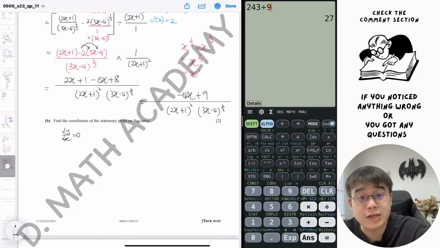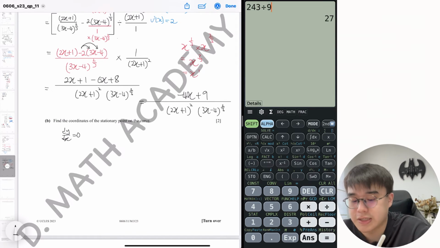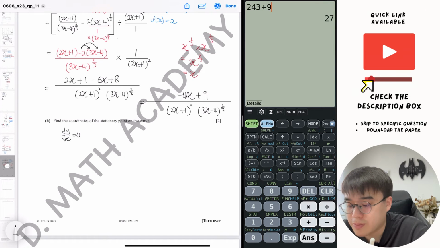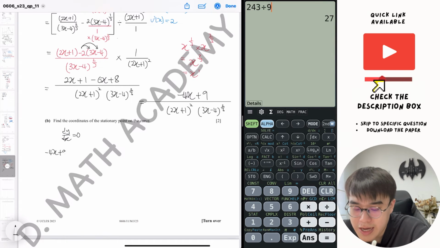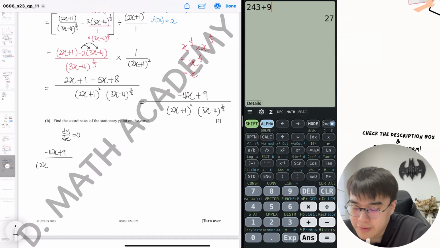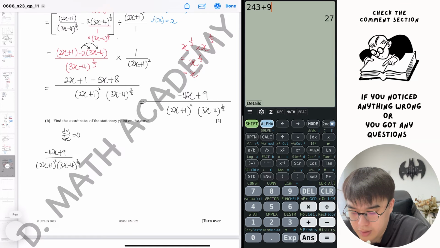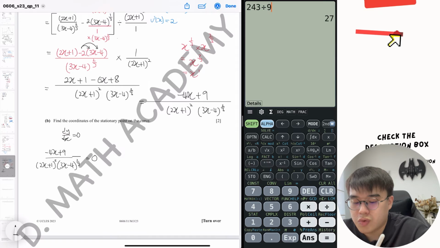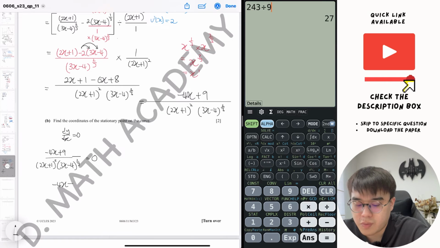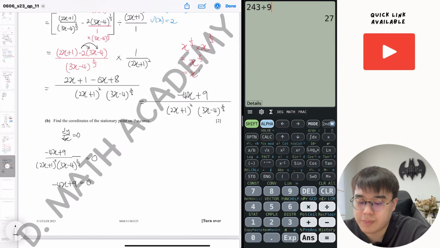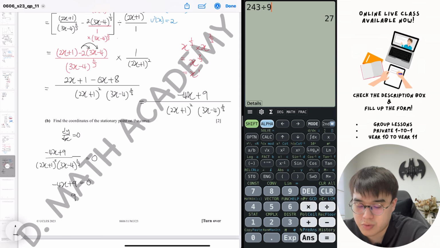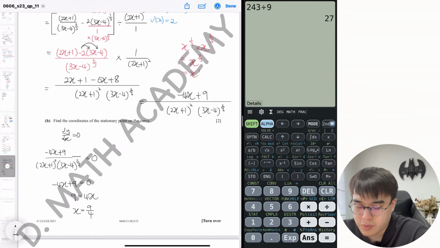The amount of working is also justified by the marks here. This time they are trying to be reasonable. So 4x plus 9 and whatever that you have down there will be copied out and equate it into 0. Whatever that you have at the denominator will be gone because when you multiply it with 0. So 9 equals to 4x, x will be 9 over 4.